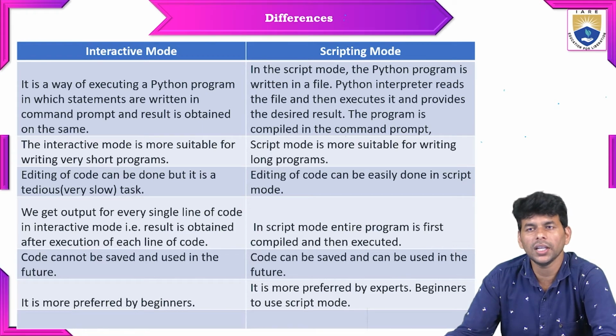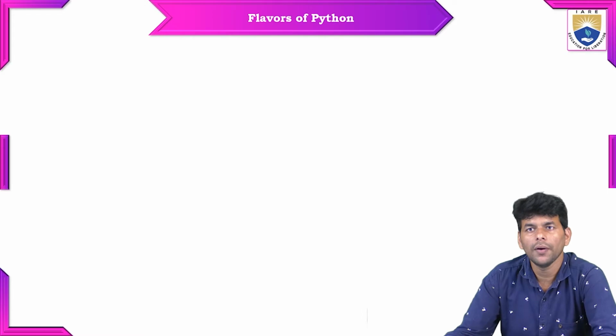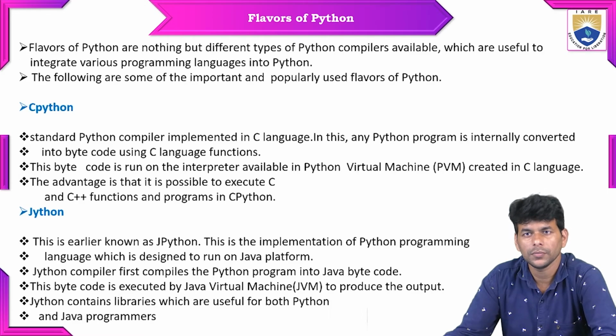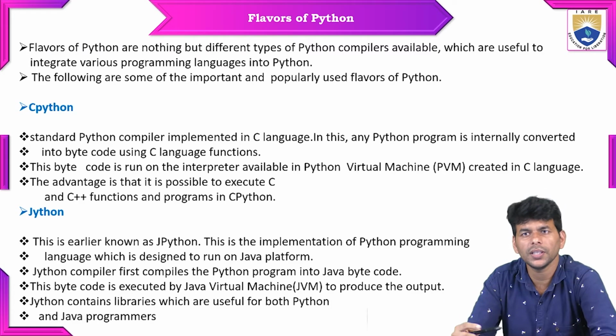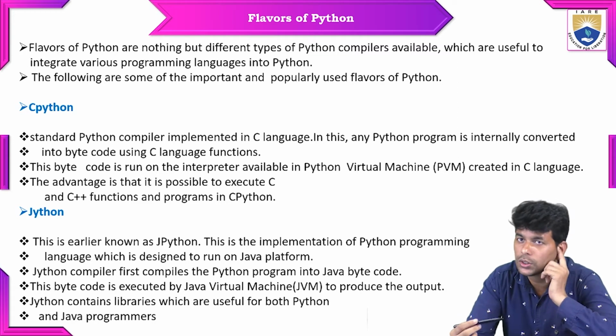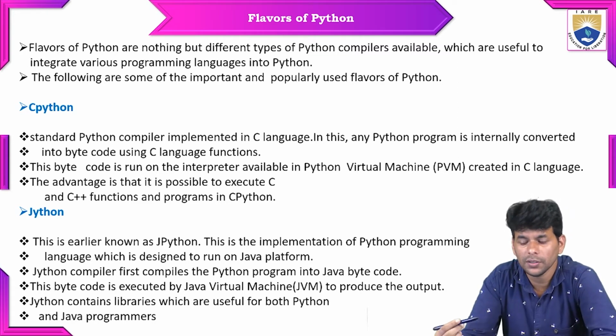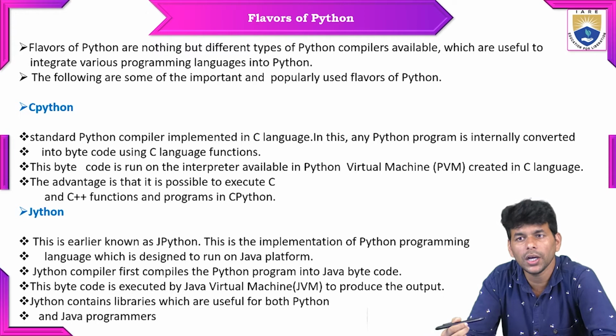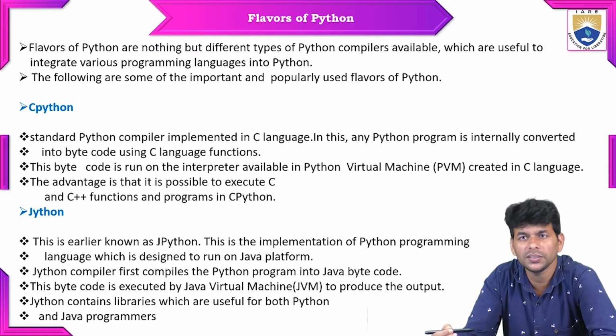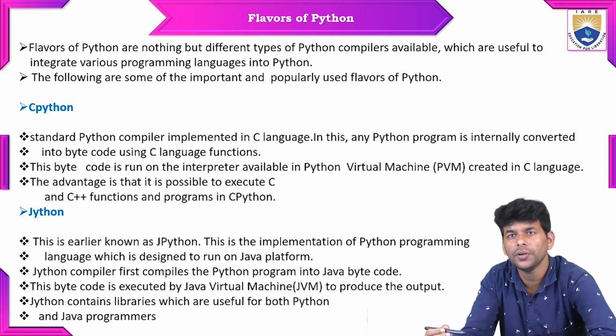The next concept is flavors of Python. What are flavors of Python? All of you know very well about different types of flavors. Suppose we go to a small juice shop, there we have different flavors of juices. In the same way, Python also has different flavors.